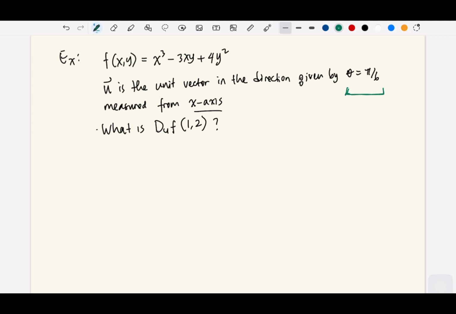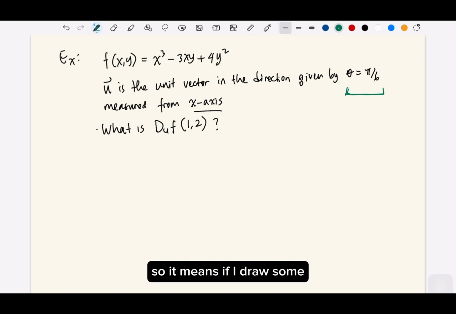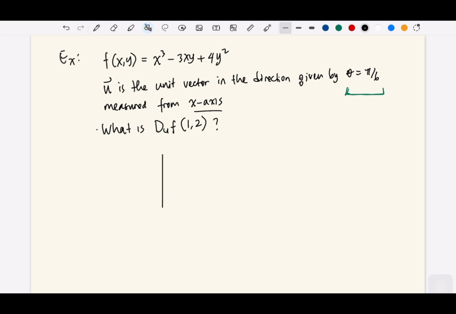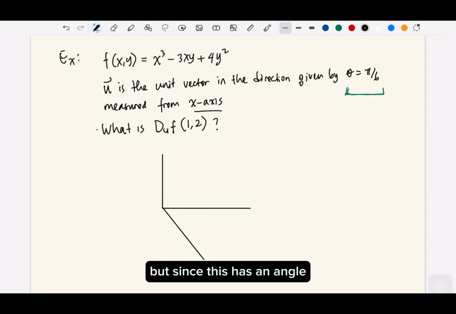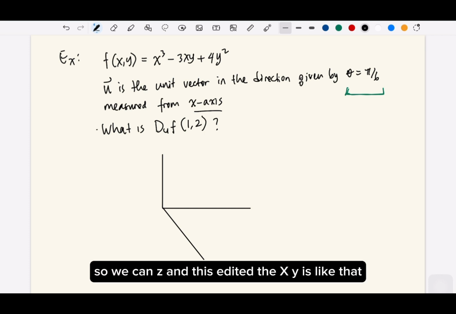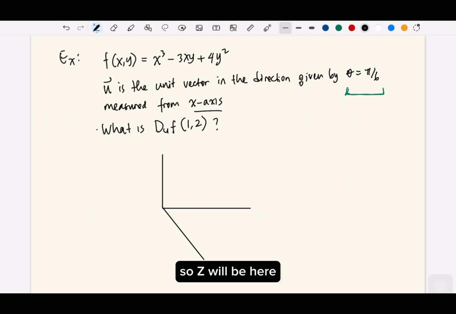So if I draw, usually the 3D axis is going to be here, but since this has an angle and I want to show the angle, I will rotate a little bit, so make it z, and then the x y is like that. So z will be here, this is y, this is x.